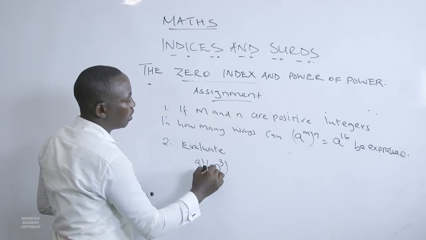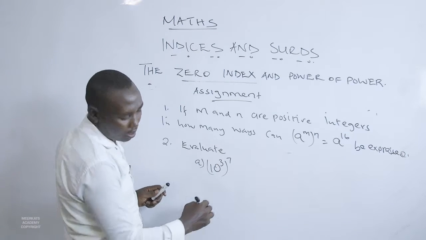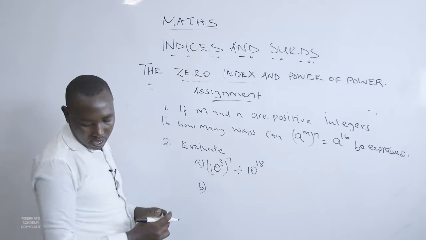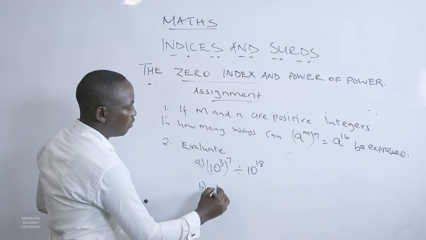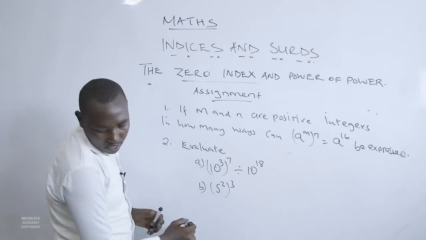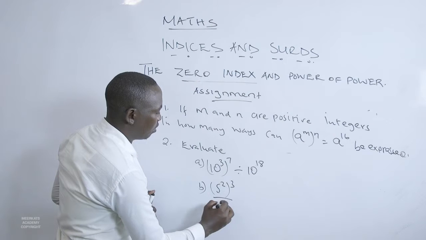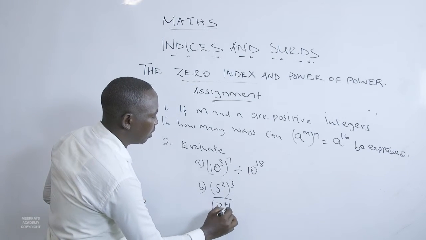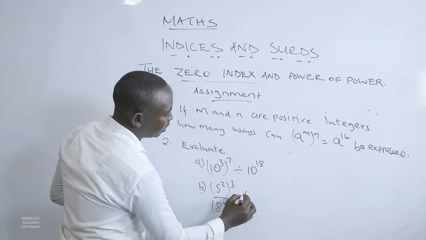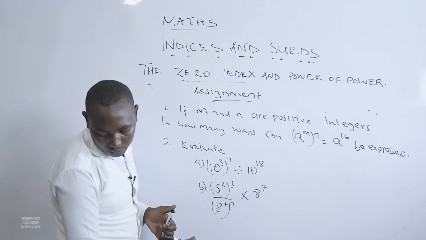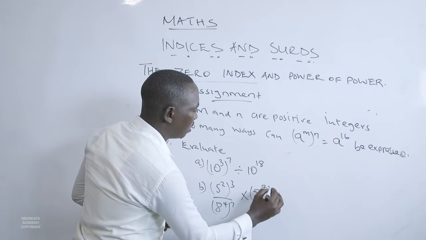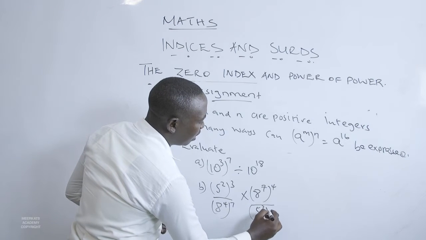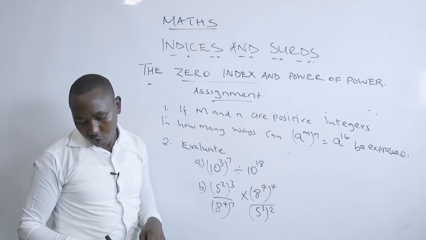a, 10 raised to 3, all of this raised to 7, divided by 10 raised to 18, and b, 5 raised to 2 raised to 3, all over 8 raised to 4 raised to 7 times 8 raised to 7 raised to 4 over 5 raised to 3 raised to 2.